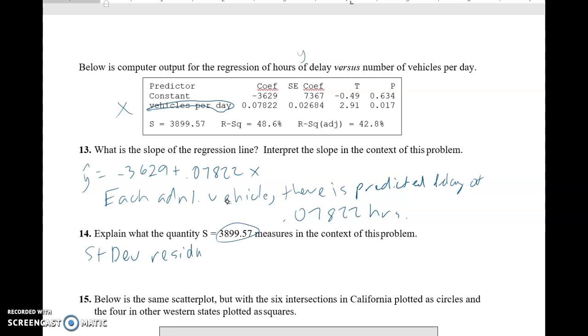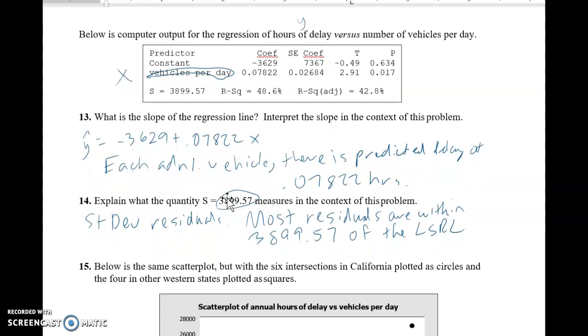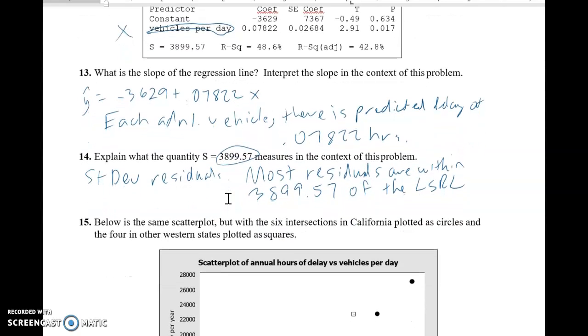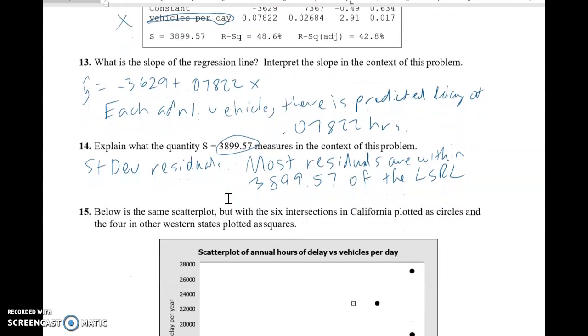If we were trying to explain that, we would explain that most residuals are within 3899.57 of the LSRL. Again, that's a pretty standard interpretation of the standard deviation. Okay.